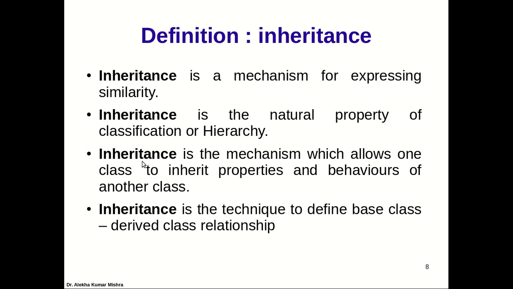Next, inheritance is the mechanism which allows one class to inherit the properties and behavior of another class. This definition is more related to the implementation, or the programming feature, that we can inherit the properties and behavior of one class to another class if there is a sharing between these two classes.